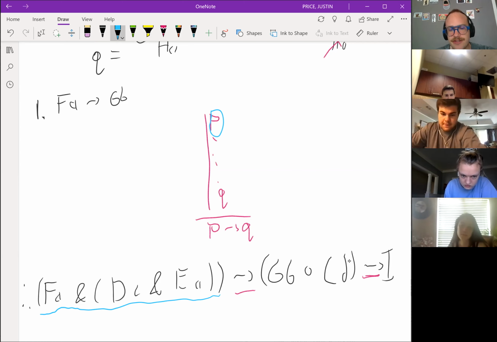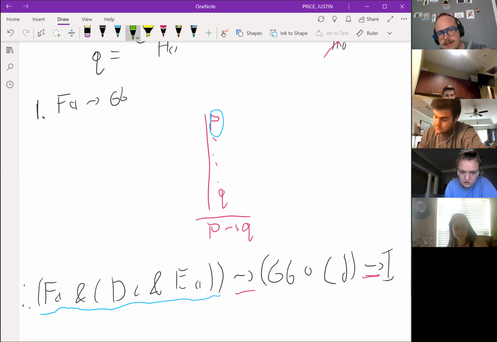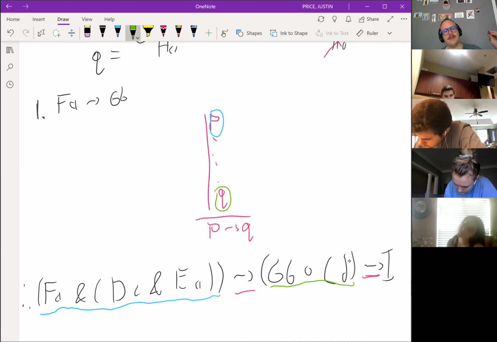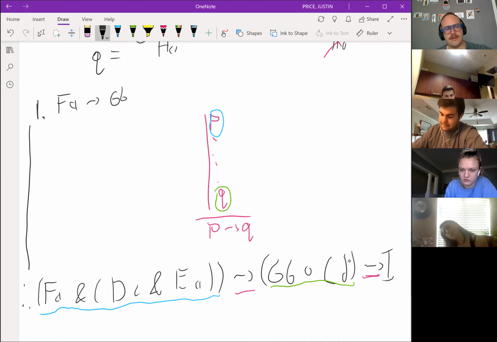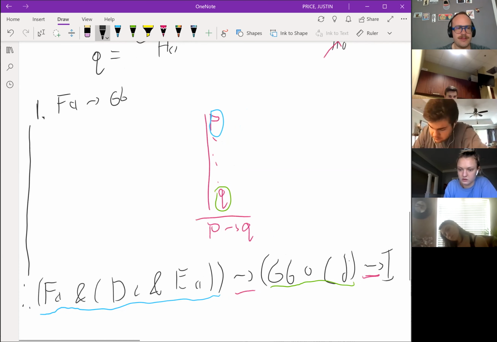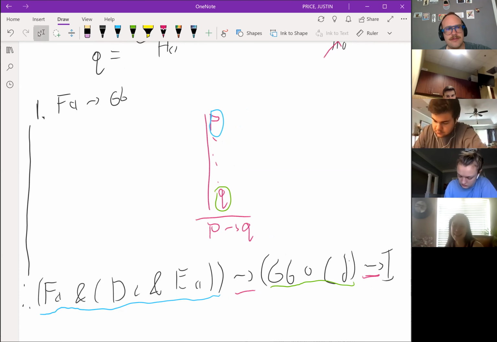We know we have to assume that in order to get the conditional that we want. And then the Q part is this guy here. So we have to get that in order to derive what we want. All right, that lets us write down our little subderivation there that I didn't give enough room to write the numbers next to.